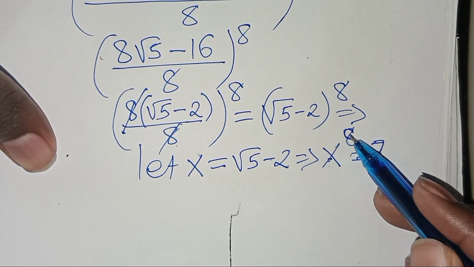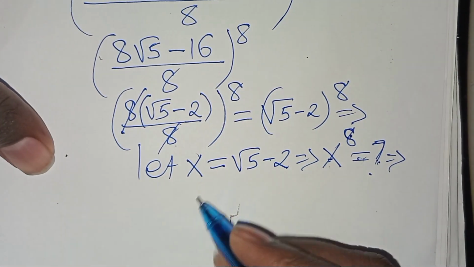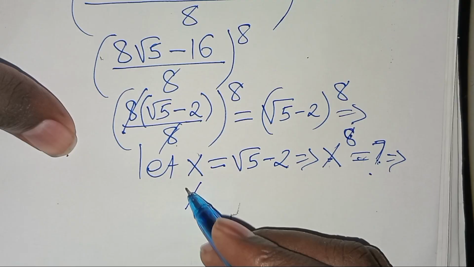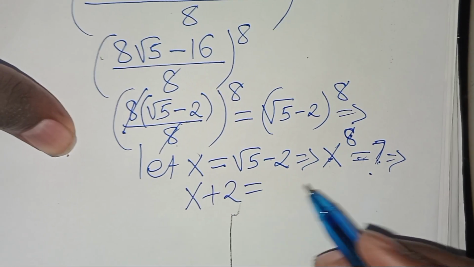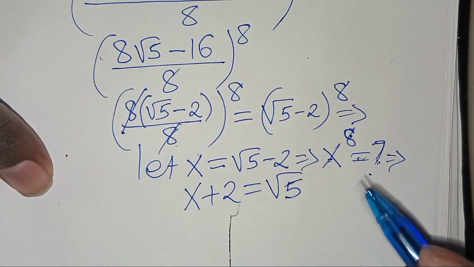So what is x to power 8? Now from this here, we can say that x plus 2 is equal to √5.